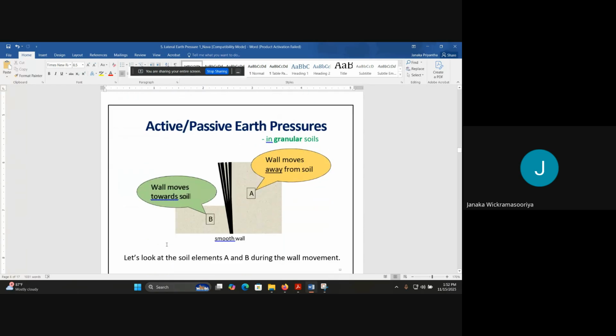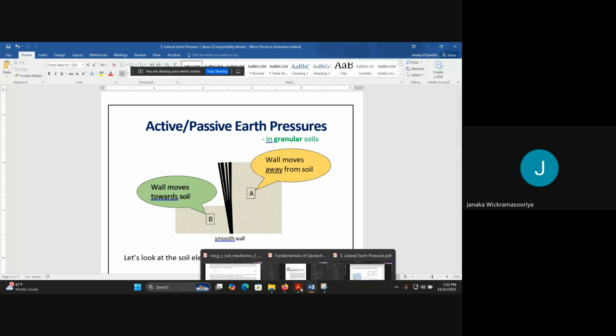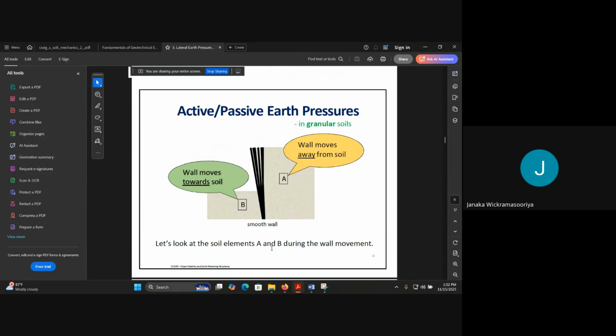Then active and passive earth pressures in granular soils. So we will consider a smooth wall like this. Due to this pressure, this wall moves towards the soil, and at this side the soil gets compressed.